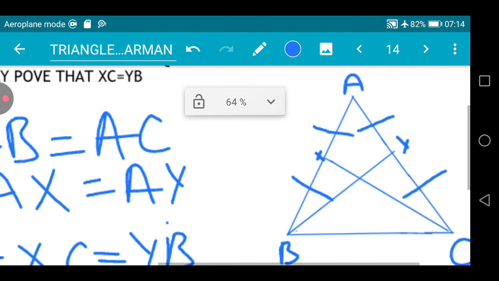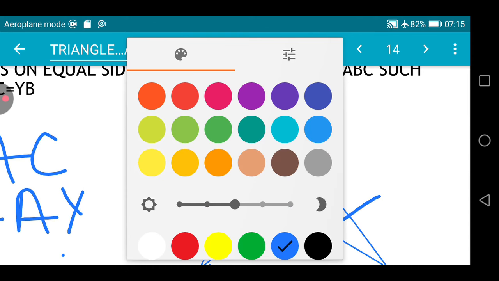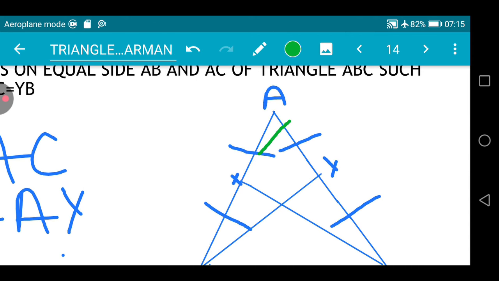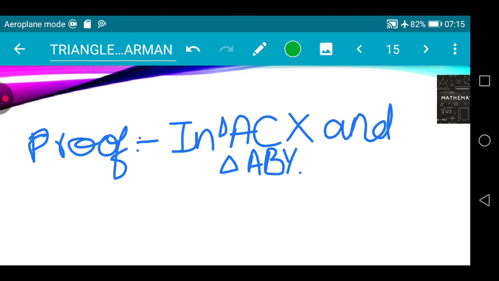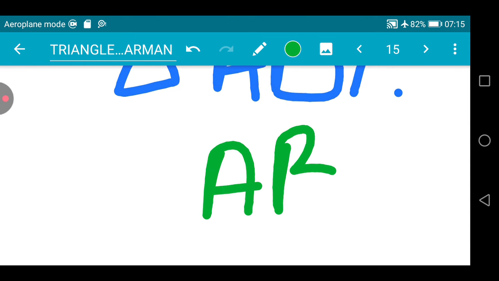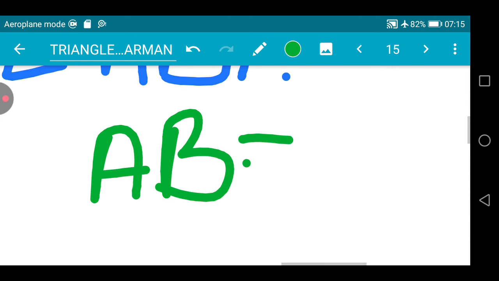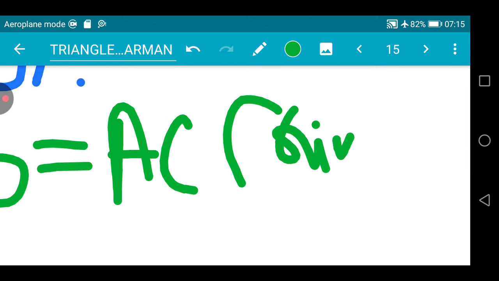Which triangles am I talking about? This triangle and this triangle. What is given? AB equal to AC. It is given.